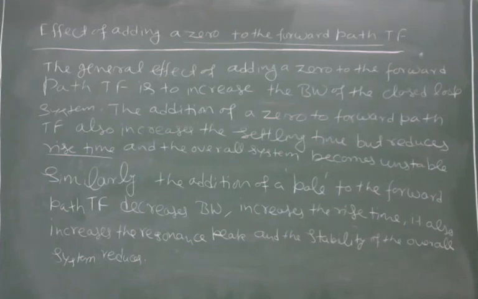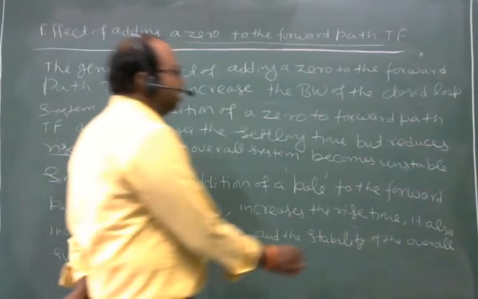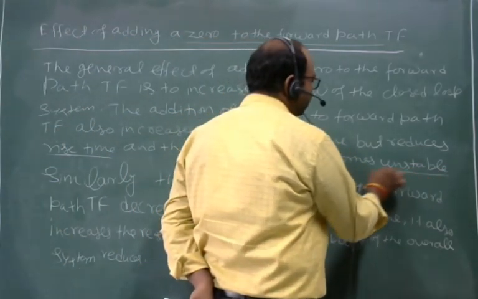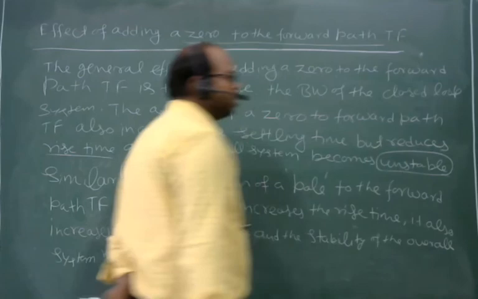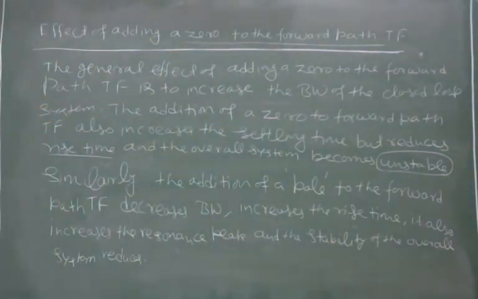But the overall system becomes unstable in both cases. If I add a 0 or a pole to the forward path transfer function, stability reduces.